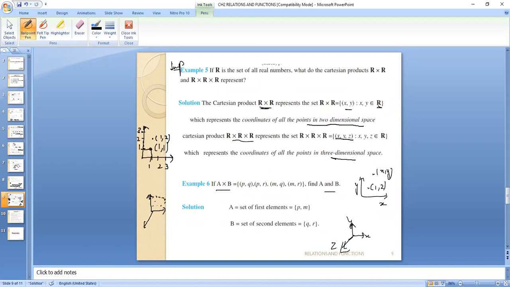It can be anywhere in three-dimensional space, because these are not fixed points, these are variable points. For any values, (x, y) represents two-dimensional space and (x, y, z) represents three-dimensional space. Clear?